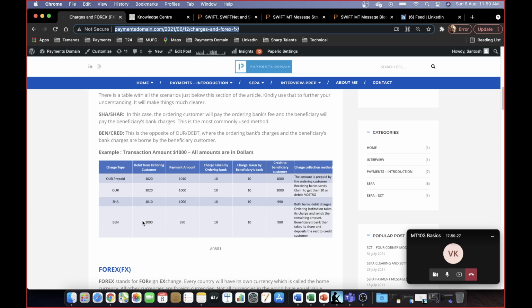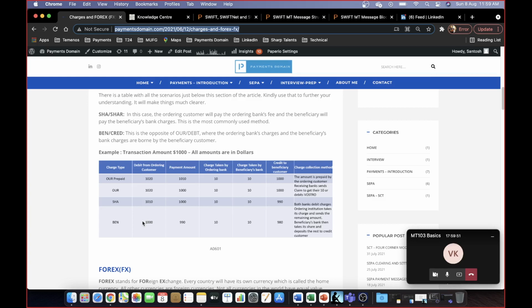So $1,000 is debited from the ordering customer. Only $990 is credited to the mirror Nostro or Vostro, or whatever it is, and that $990 will reach the receiving bank. The receiving bank will take its charges. I mean, it will reduce $10 and then credit $980 to the beneficiary customer.